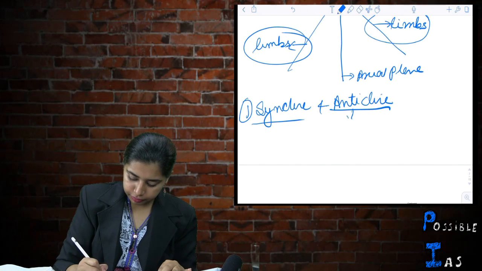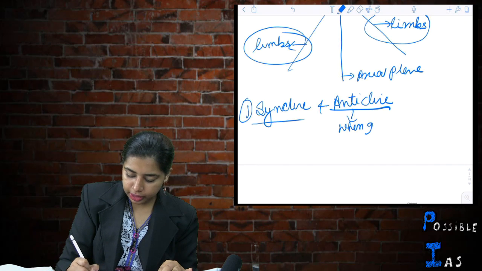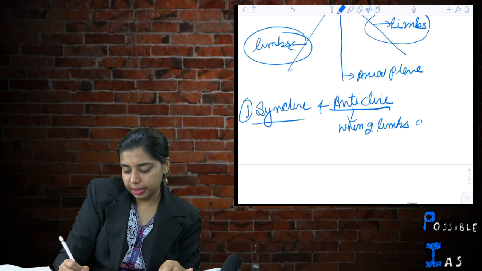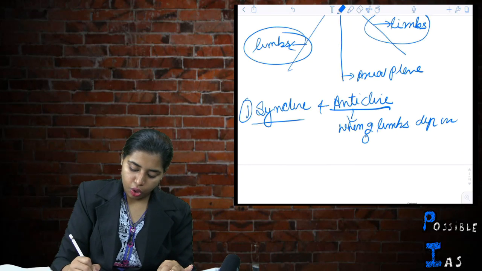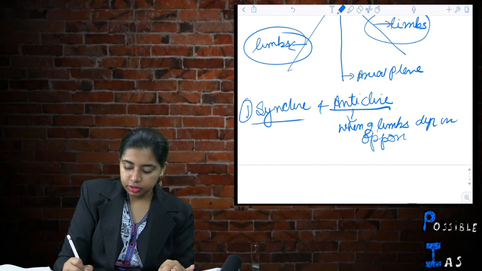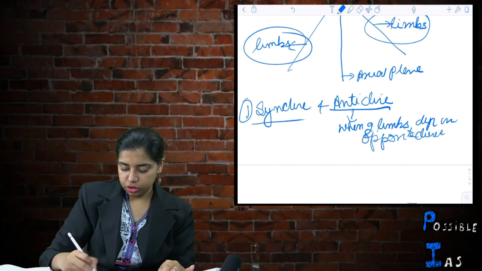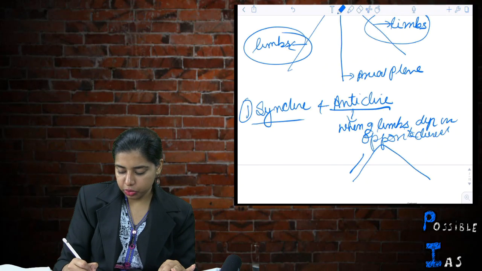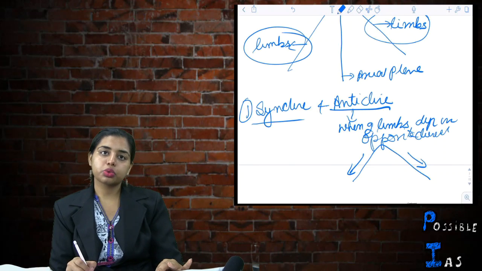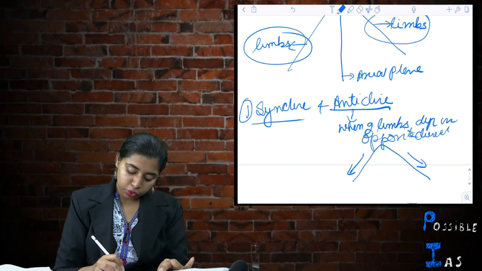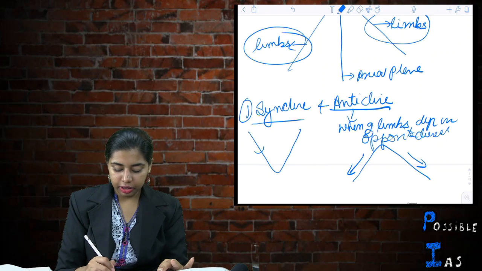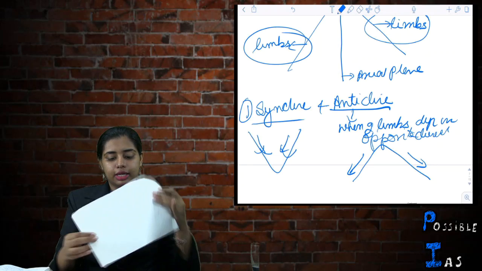When two limbs dip in opposite directions, like this, this limb is going this way, this limb is going this way, it is known as an anticline. When the two limbs dip in the same direction, this is also coming this way, this is also coming this way, that is known as a syncline.